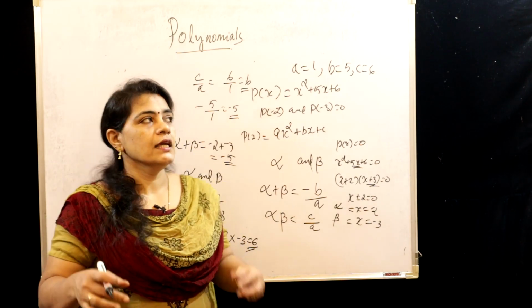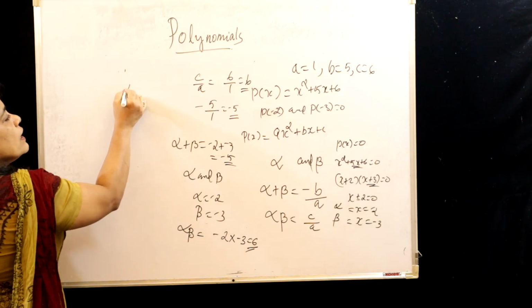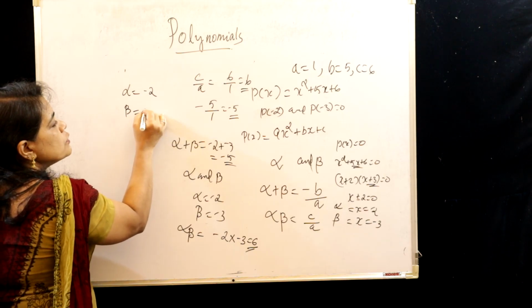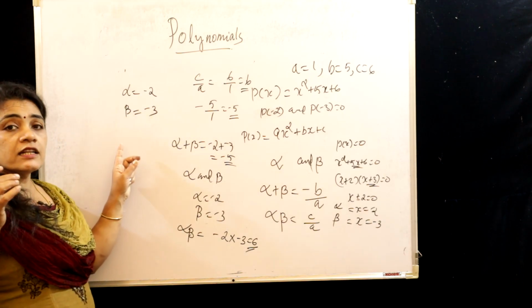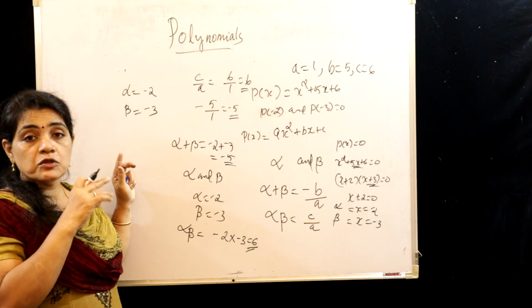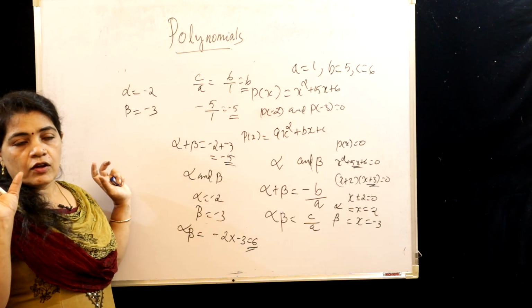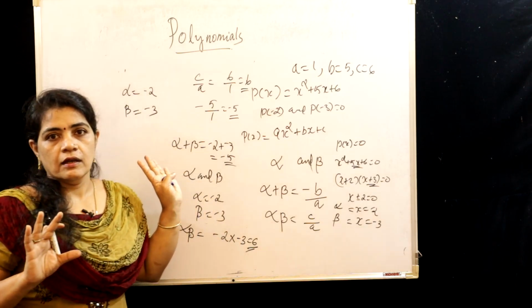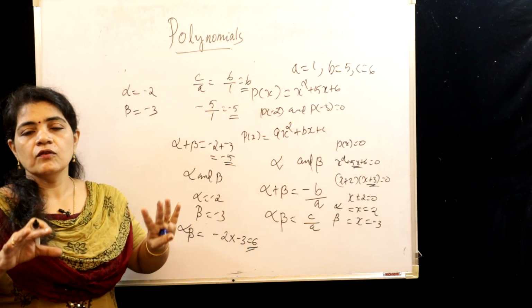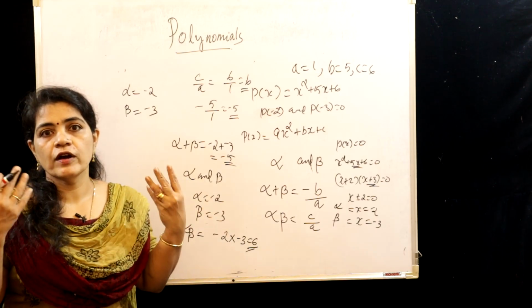If I give you alpha equal to minus 2 and beta equal to minus 3, what is the corresponding quadratic polynomial having the zeros minus 2 and minus 3? We don't know the polynomial, but we can easily reach it when we know its zeros, alpha and beta.